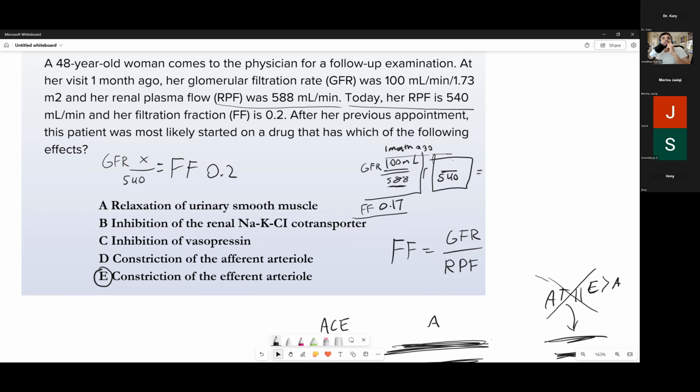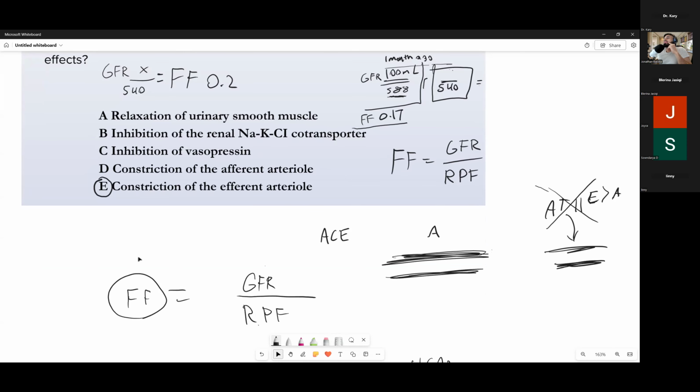But I still think if we reduce the renal blood flow, won't the filtration fraction be high as well? Say that again. If you drop the renal plasma flow, won't the filtration fraction be high? From the equation, if you drop the denominator, the filtration fraction would be higher. Well, this is the problem though.